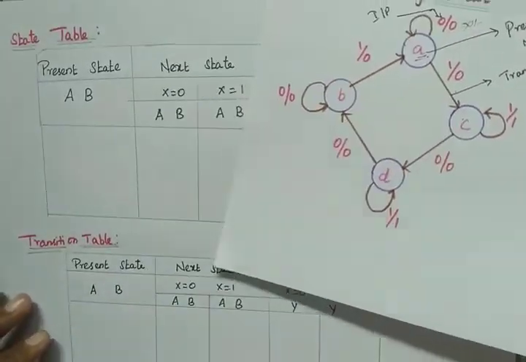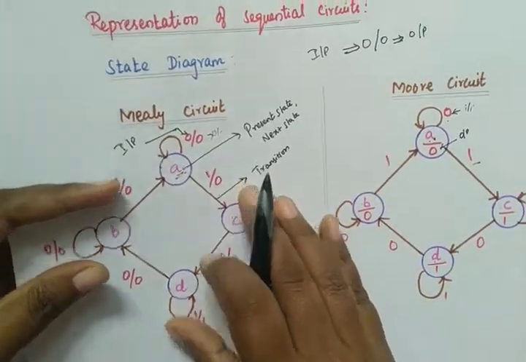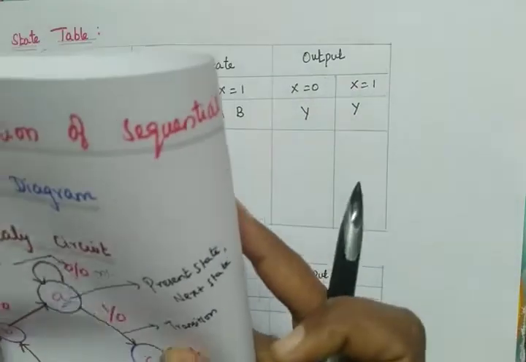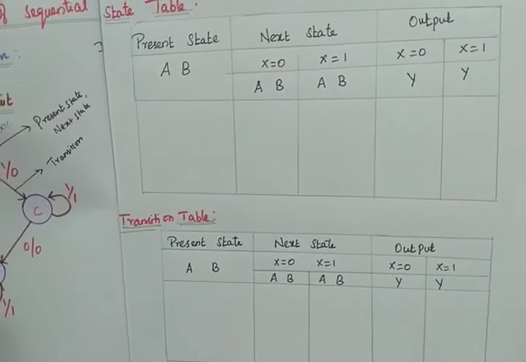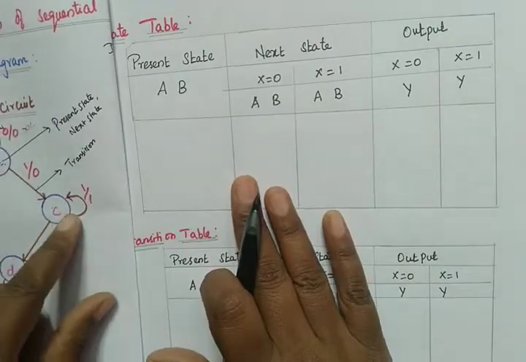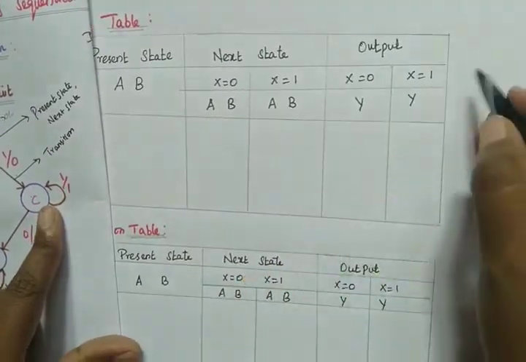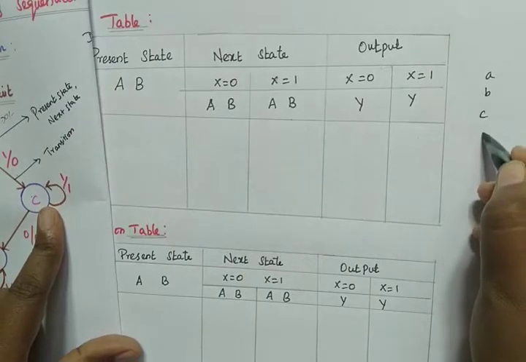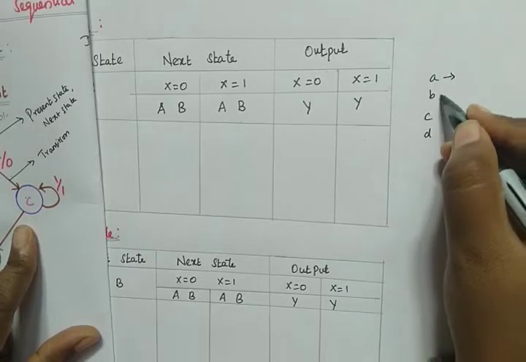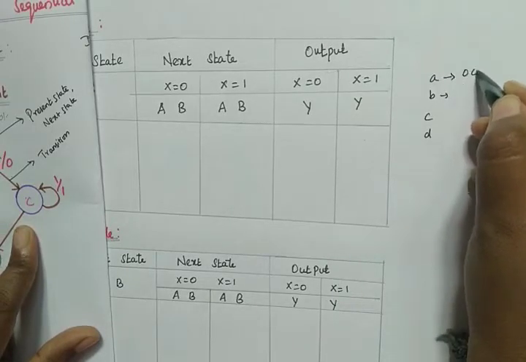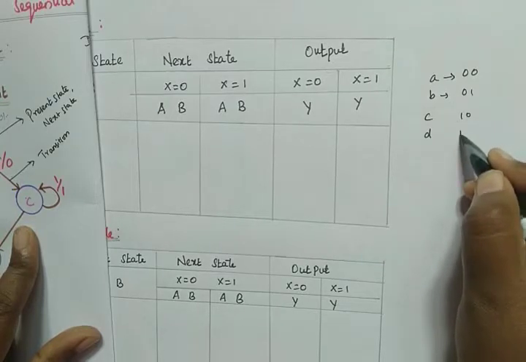Now what is a state table? So this is the pictorial representation. We are going to represent this in the form of a table. Let us consider this table. This is a state table. Why I have written A, B here is because we have only 4 states, that is A, B, C, D. So for 4 states, we can use only 2 binary inputs: 0 0, 0 1, 1 0, 1 1.